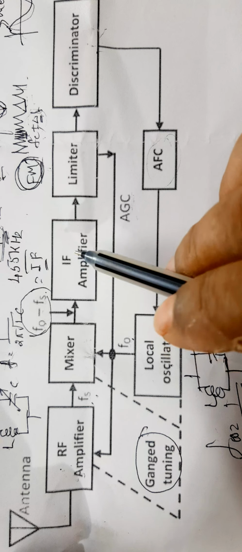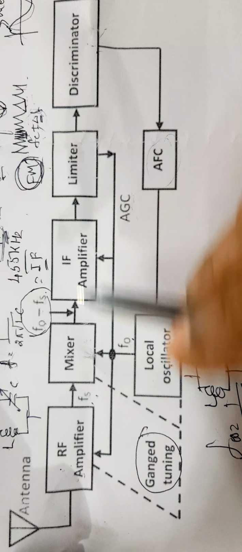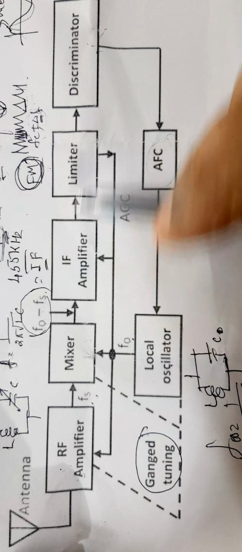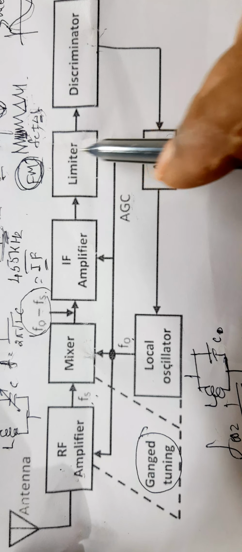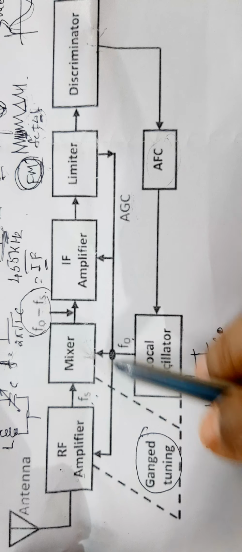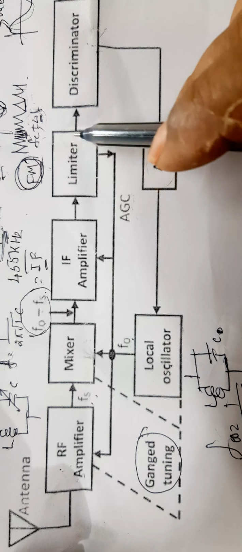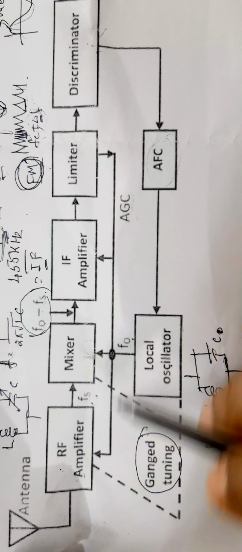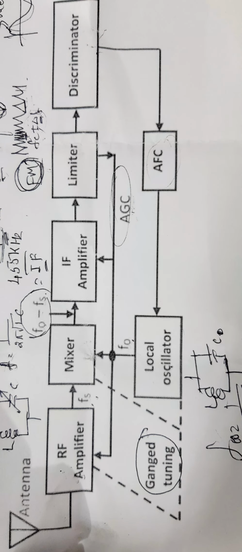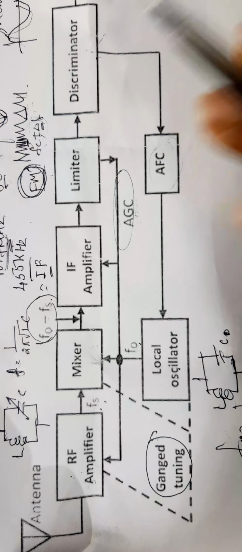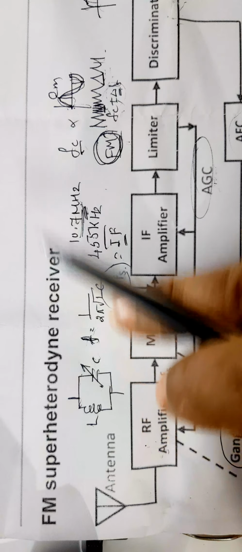Therefore, to keep the gain constant, you have to apply automatic gain control from the limiter to all these three: the IF amplifier, mixer, and RF amplifier. So we are applying this to all these three with a circuit known as the automatic gain control circuit. So this is a simple functional block diagram of the FM superheterodyne receiver.